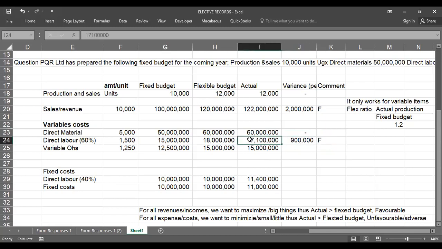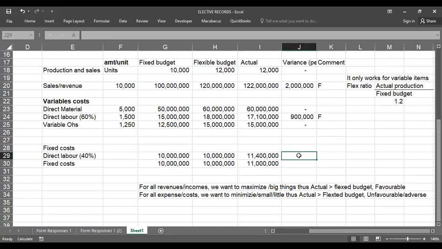Whenever your actual is lower, you're doing well. Then we continue. This one is still indifferent. Then for the flexed budget, actual is big, so this one is adverse or unfavorable. The same thing, because you're spending a lot. So the same thing here: this minus that is adverse.